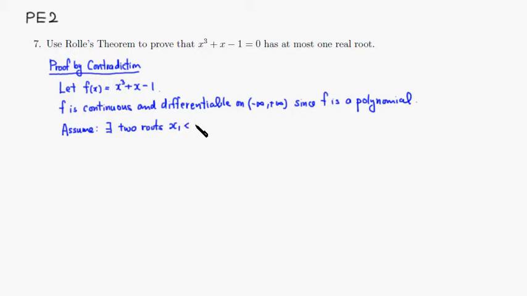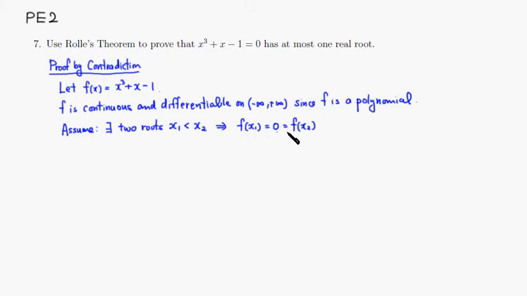Let's assume that x1 is smaller than x2. If you plug x1 into the function, it should give you 0, and if you plug x2 into this function, you should get 0 also.